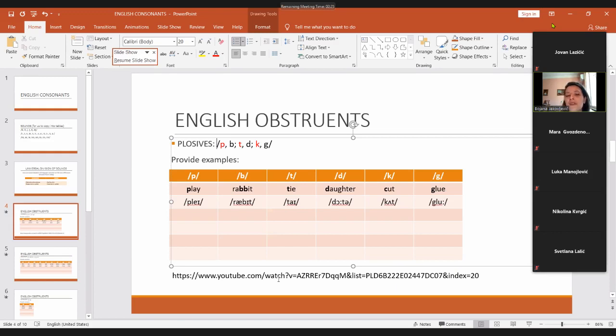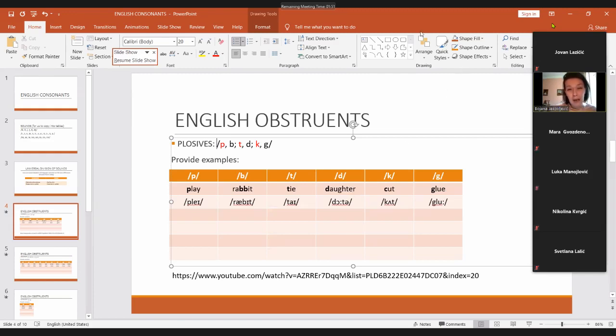So what was the difference also between T in Serbian and T in talk in English, K and K? I think in the word pick, it's pronounced with aspiration, and in the Serbian one, it's not.